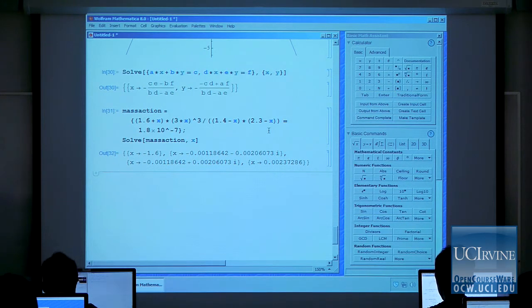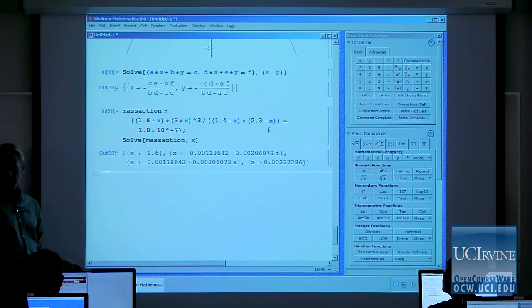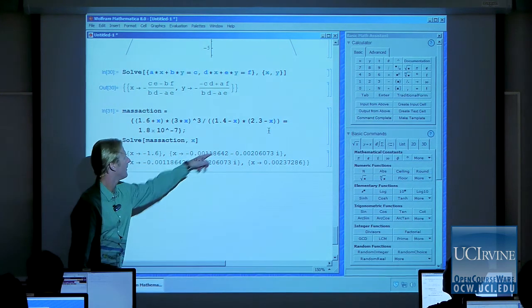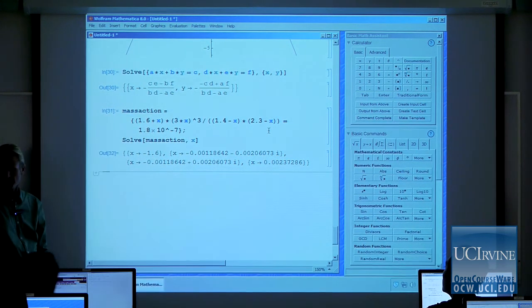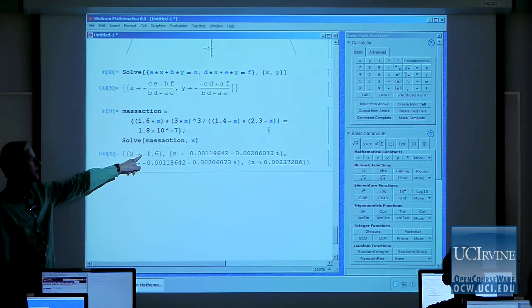Okay, so even though I have this nice tool that allows me to solve that equation, I still have to know some chemistry in order to pick out the answer. All right, so first of all, we know that pressures are not complex quantities, so we can rule these 2 out. And now we have a choice. Well, how about this one?